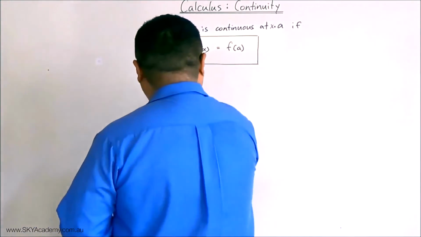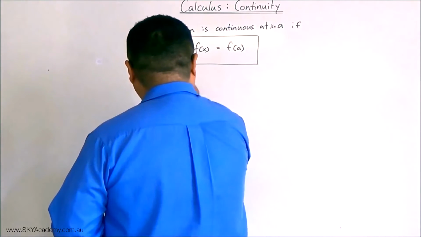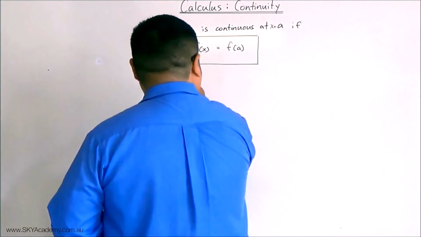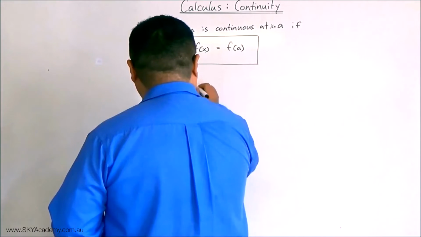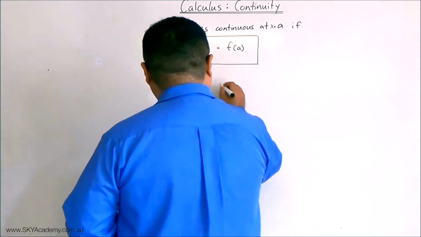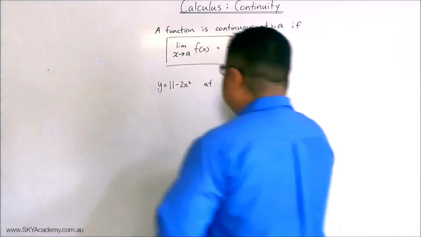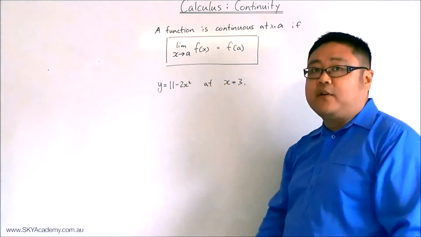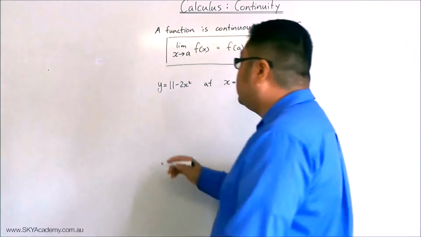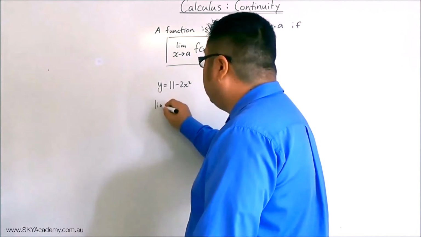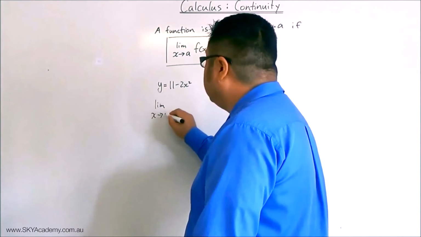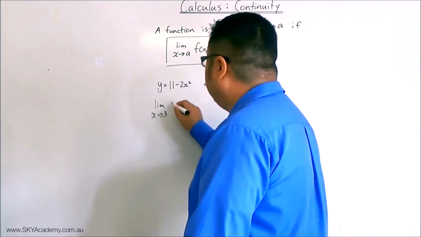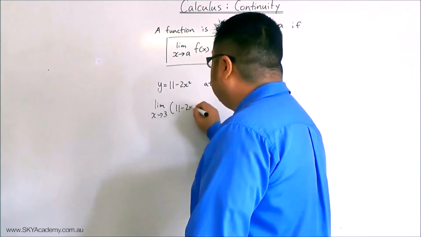Let's take, for example, y equals 11 minus 2x squared at x equals 3. So how do we test for continuity? Well, we basically do this. What's the limit as x approaches 3 of 11 minus 2x squared?